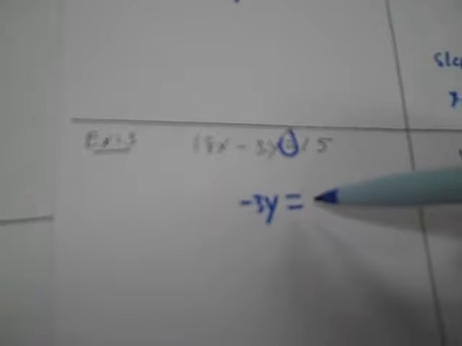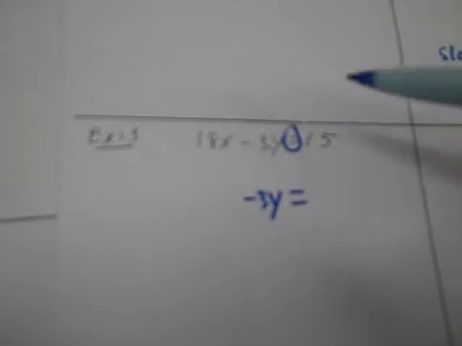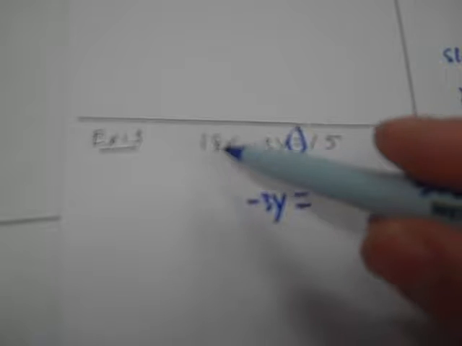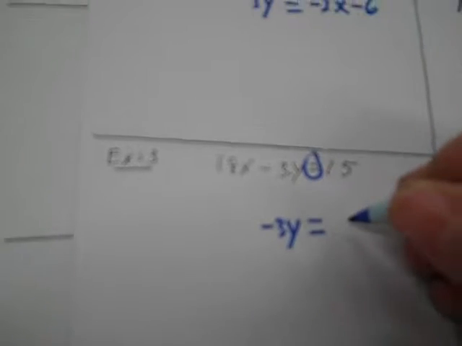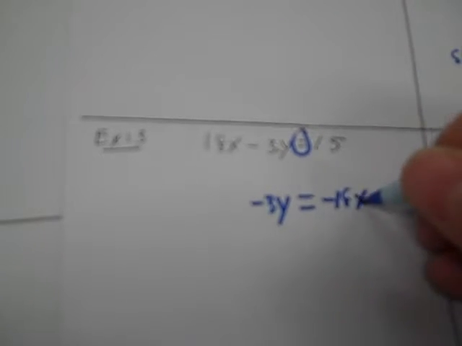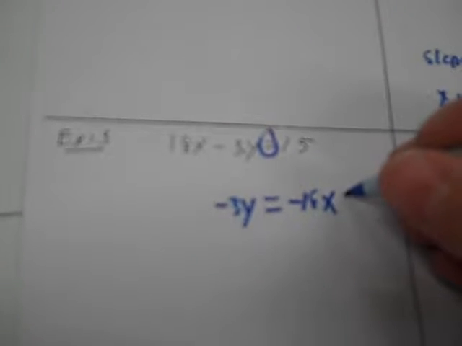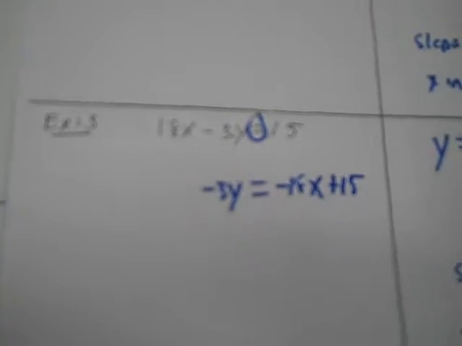Well, the problem is the x is not on the side it's supposed to be on. Okay, I need it on this side of the equals. It's on this side. So I can move it over here as long as I switch it from a positive 18x to a negative 18x. Now the constant is 15. Now that's where I want it. That's on the side I want it. So I keep that plus 15.